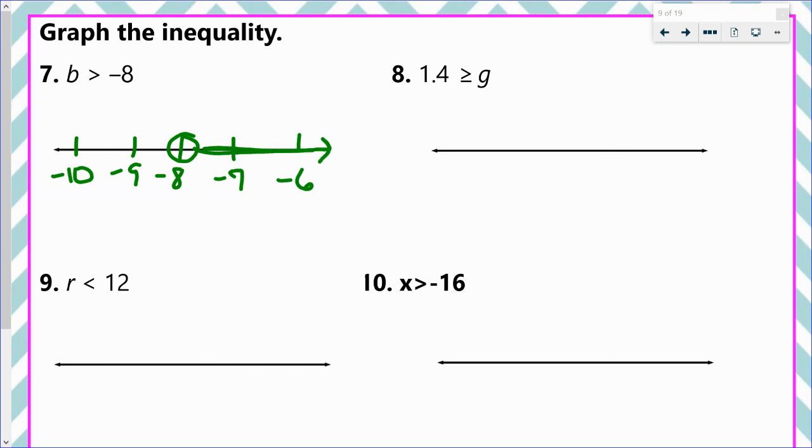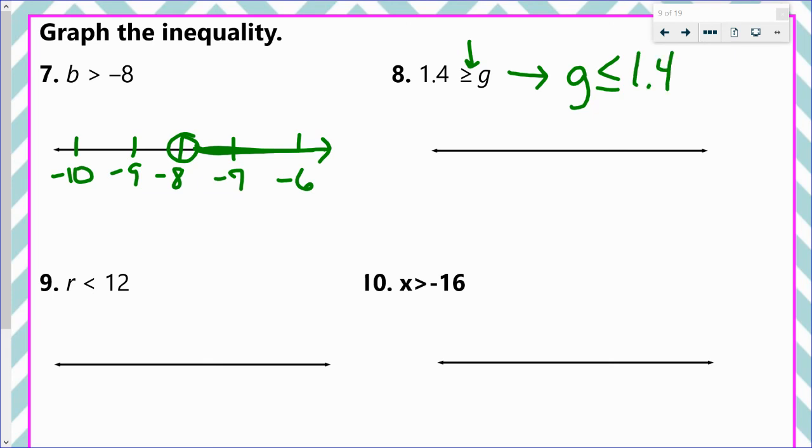To the right, to the right. Okay. Next one. Ew. Yuck. I don't like when the number comes first. So I'm going to turn the entire thing around. I'm going to put the G first. Notice how the point is to the G. Okay. So I put the point to the G as well.